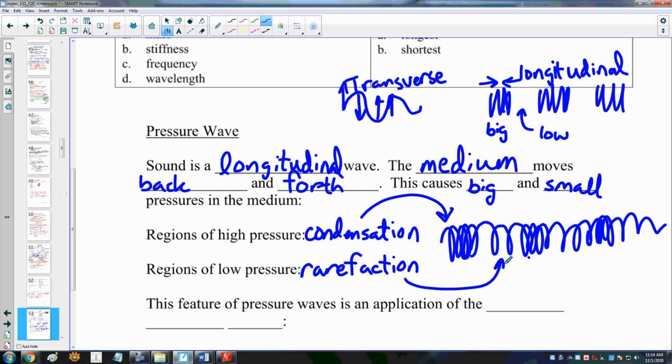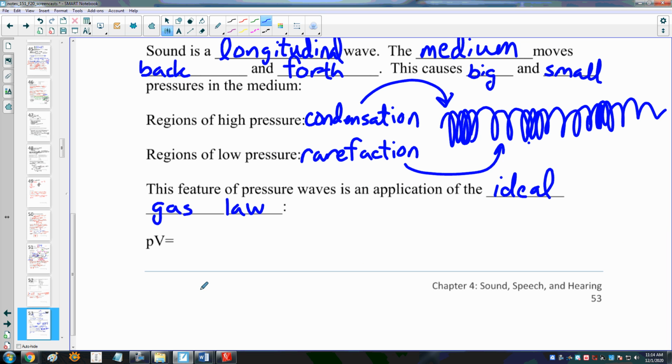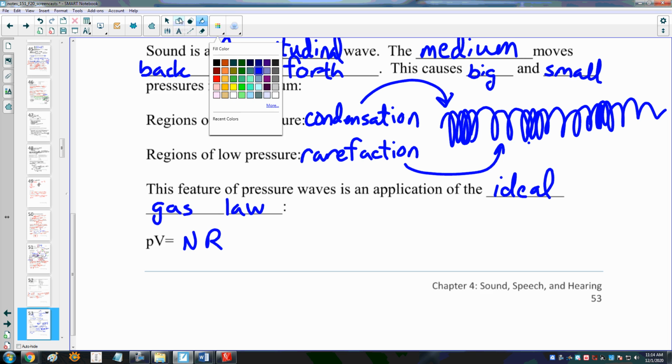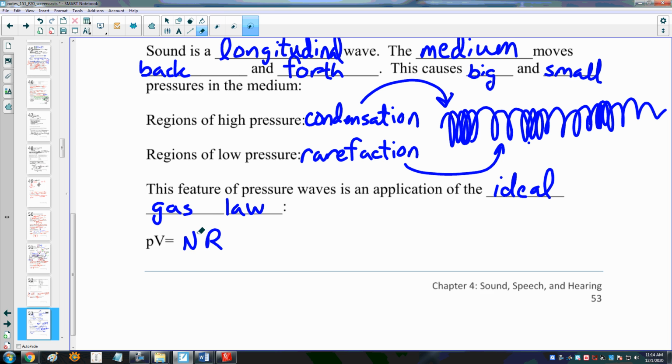This feature of pressure waves is an application of the ideal gas law. So if you recall, in the ideal gas law, PV was equal to... oh, excuse me, sorry, I did this wrong. Your book actually, I think, uses PV is equal to NkT.